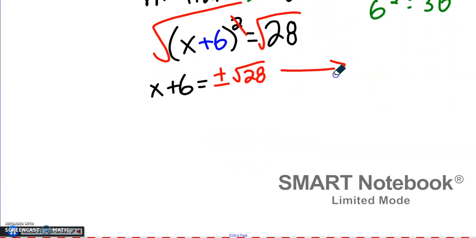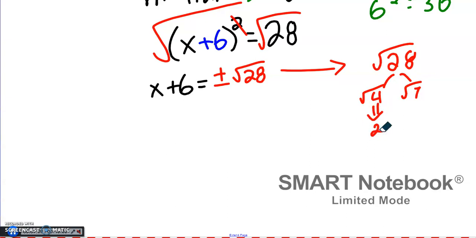It breaks down to the square root of 4 times the square root of 7. We know the square root of 4 to be 2, so we get 2 root 7. So I'm just going to rewrite that. We get m plus 6 is equal to plus or minus 2 root 7.